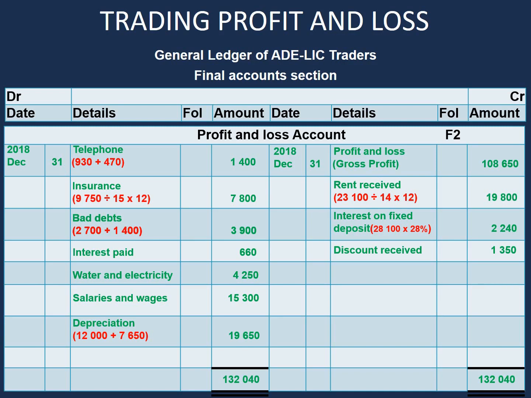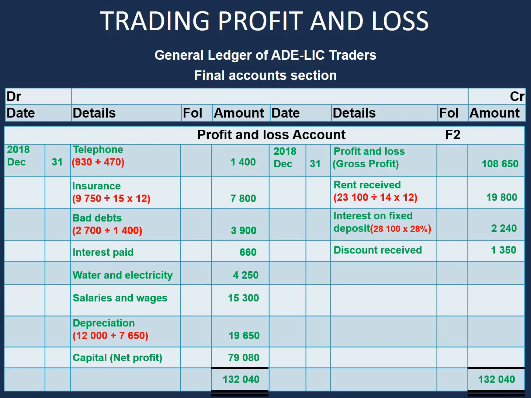Then we subtract all of the amounts on the debit side from our total amount. Then we will get a net profit of $79,080. We need to write this as follows: capital between brackets, net profit, because our net profit forms part of our capital account when we do our balance sheet.